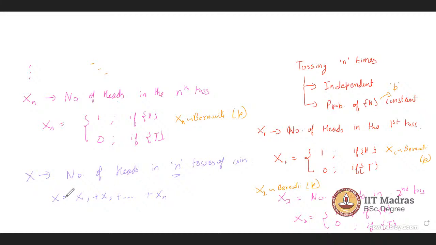Yes, sir. And so here, if you notice, x is nothing but Binomial(n, p), because I am doing n tosses with probability of success p. So in other words, I can say binomial is nothing but the sum of n independent and identical Bernoulli random variables.